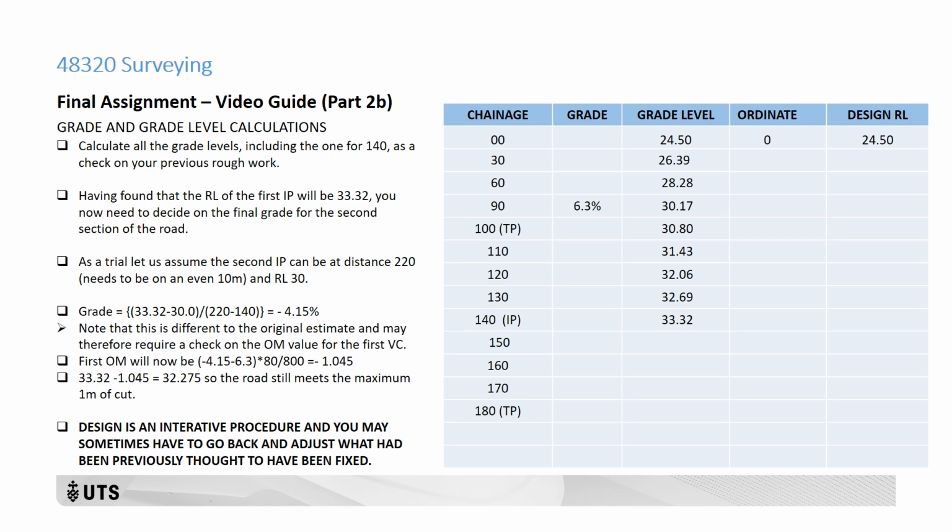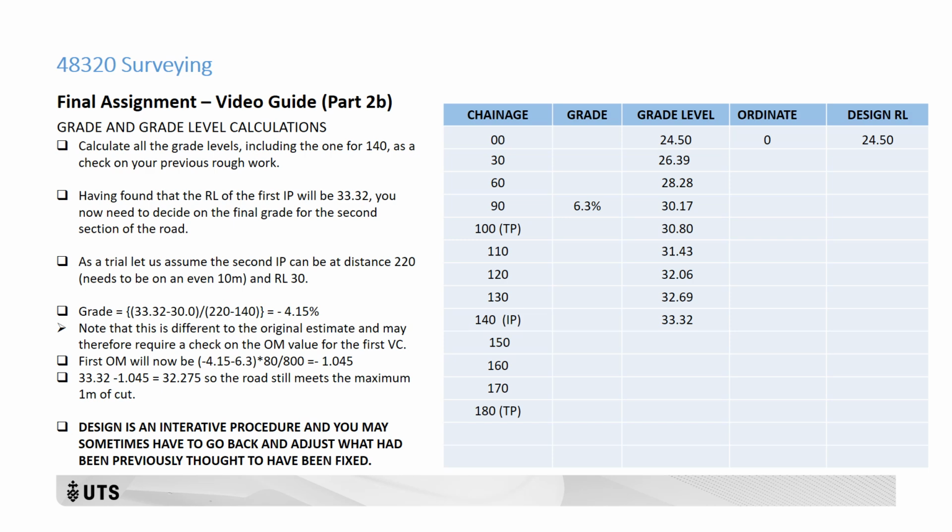Calculate the grade levels through. What we now find is that the grade level at 140 becomes 33.32. So going on for the next point, to find the next grade, we are going to have it located at chainage 220. So that now gives us a minus 4.15%.